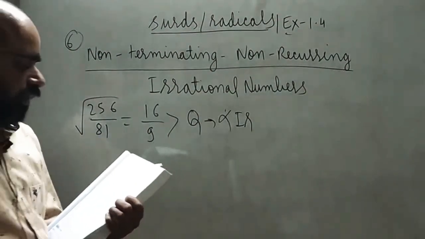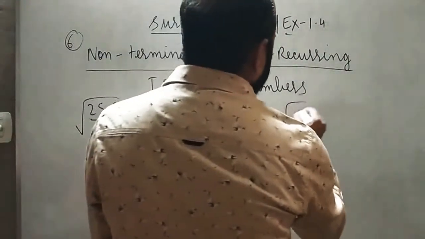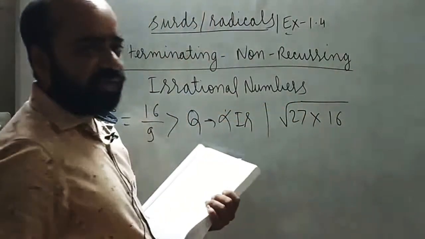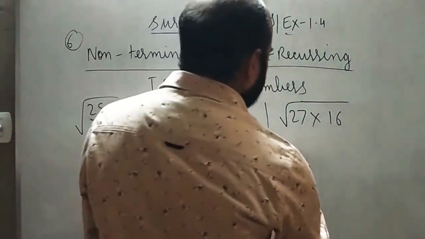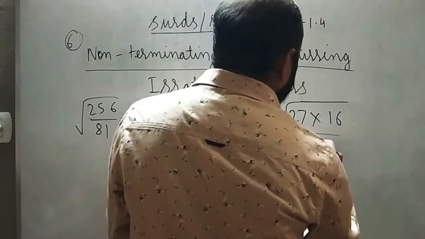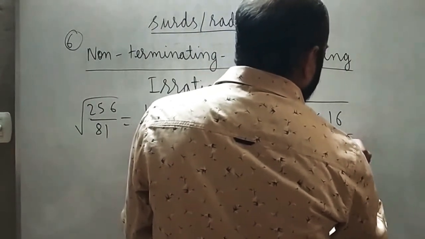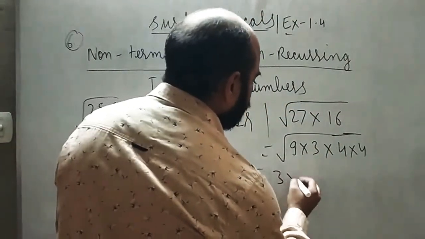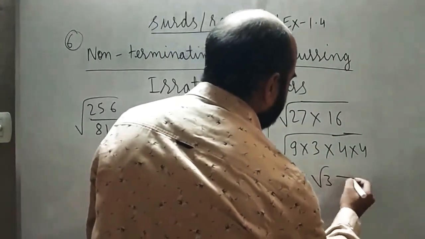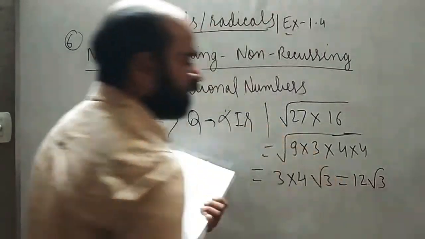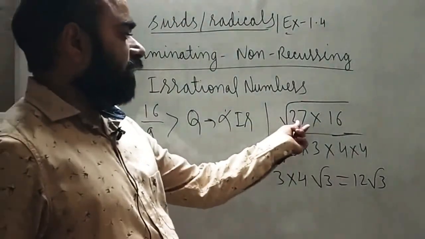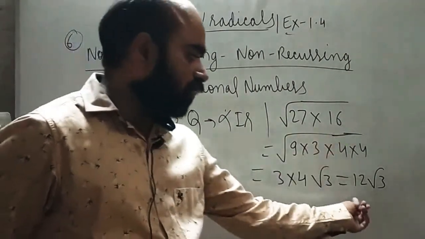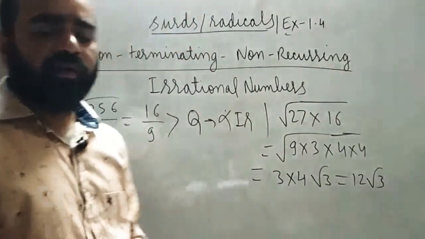Next one is root 27 into root 16. So 27 can be written as 9 into 3, and 16 as 4 into 4. Out is 3 into 4 and left is root 3, so this is 12 root 3. It means this is irrational.